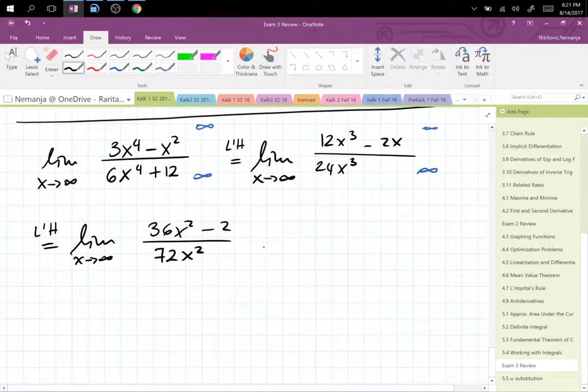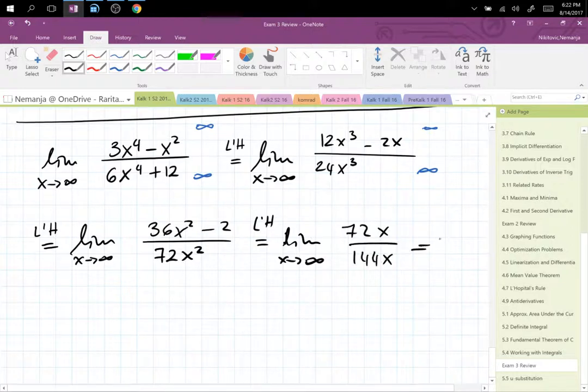Exactly. Do it again. Another L'Hopital's rule with the limit as x goes to infinity, because we again had infinity over infinity. Now we get 72x over 144x, and you see that they cancel down to 1/2.